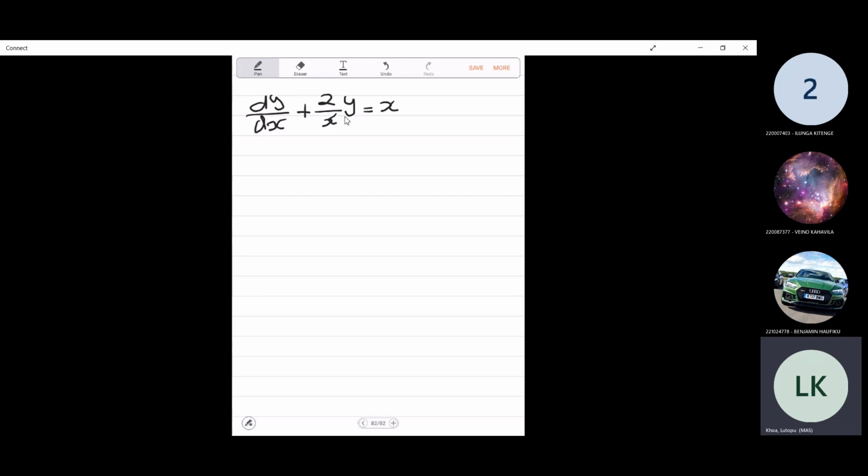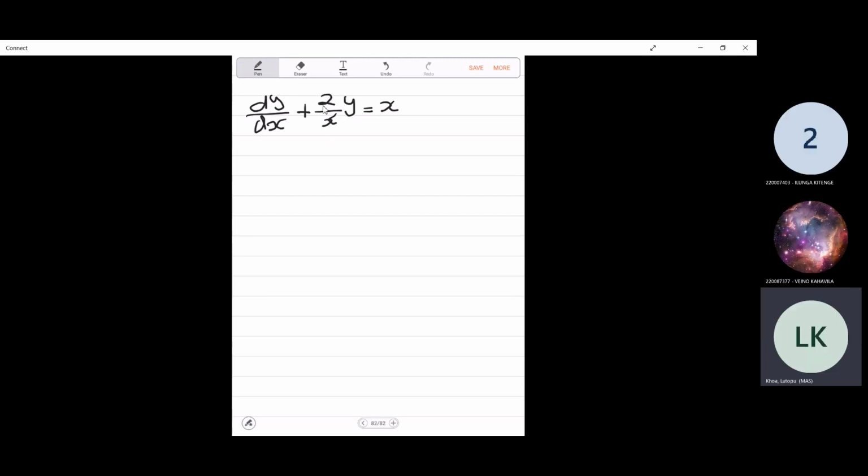So we can see that this 2 over x is a function of x only, and this x is a function of x only. So we say that our p is equal to 2 over x. Now the way we solve these linear differential equations is by multiplying throughout by an integration factor.